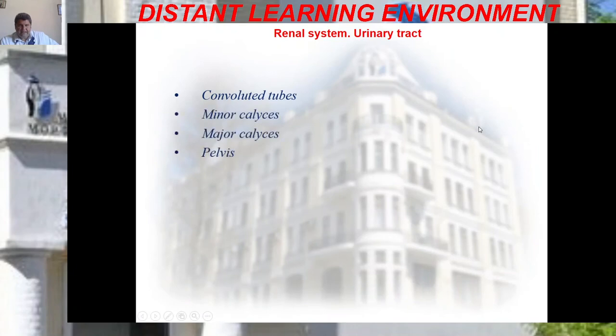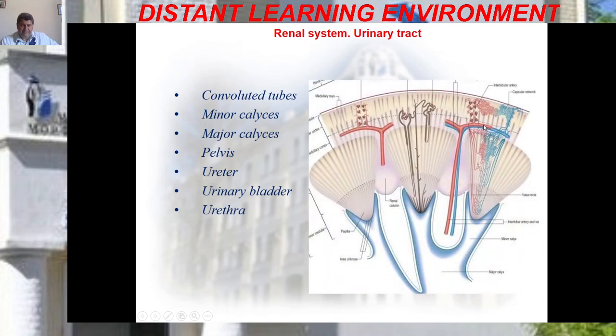So let's talk about the urinary tract. Urine flowing from the papillary foramina, as I told you, passes on the way to the urinary bladder through the lesser calyces, greater calyces, the renal pelvis and the ureter.